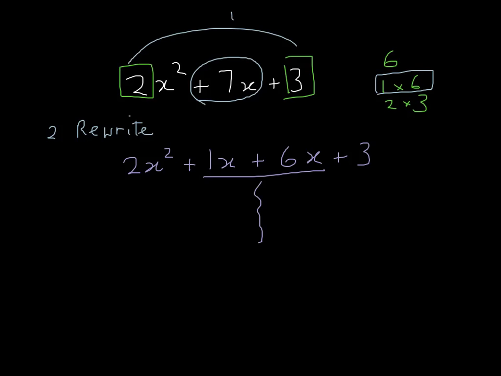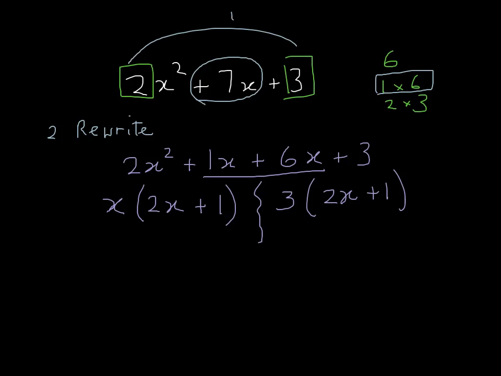And so if I factorise the front, I can take x out the front of a bracket, and I'm left with 2x in there, and 1 times x is 1x, so I have that on that side. And on the other side, I can take 3 out the front of the bracket, and I'm left with 2x plus 1 there.